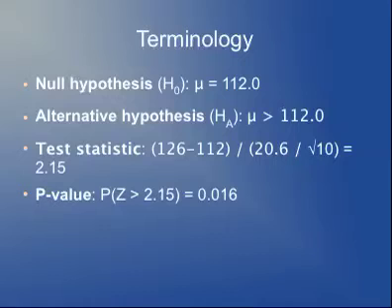First we have the null hypothesis, that the mean is 112. Then we have the alternative hypothesis, that the mean is greater than 112. We have our test statistic, which is the Z statistic, since it's from a normal population and we know the standard deviation, and that gives us a value of 2.15. Then we calculate the probability, which gives us the p-value.